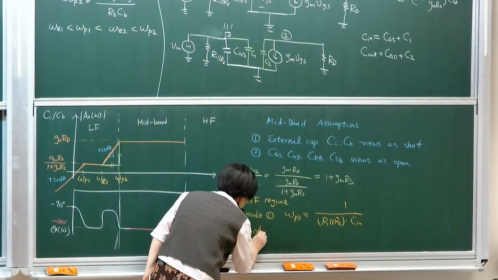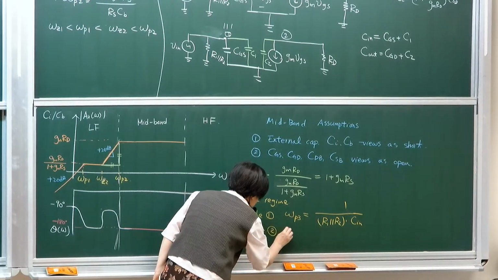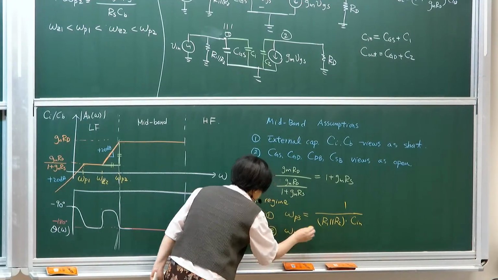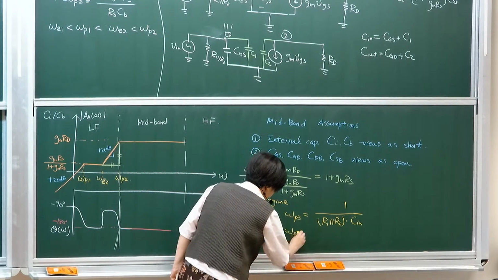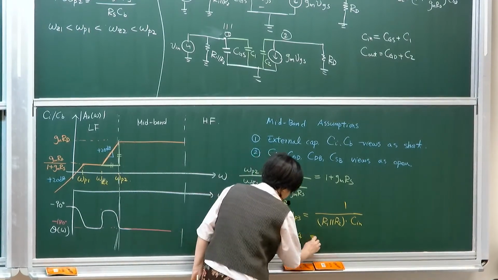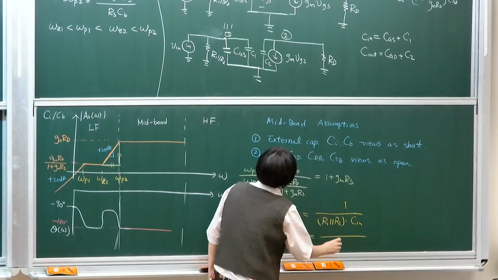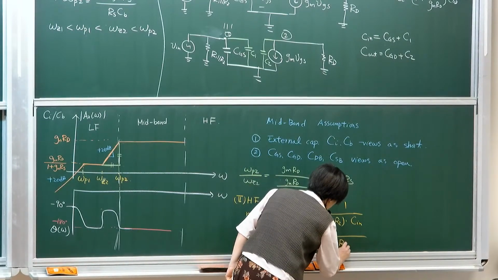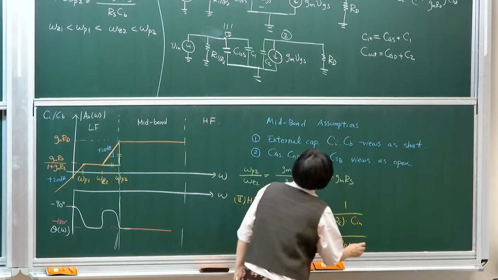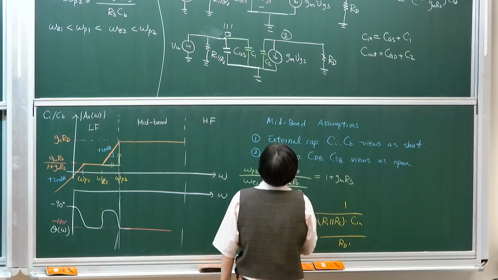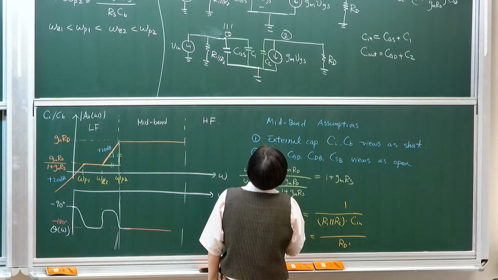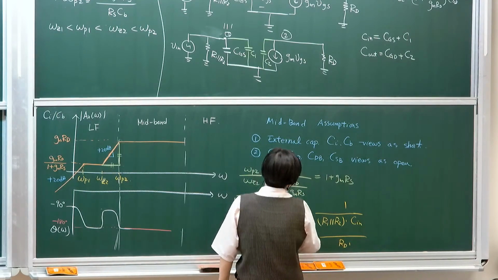And from node 2, you actually have omega P4, and it will be determined by RD and C2. I made a mistake.